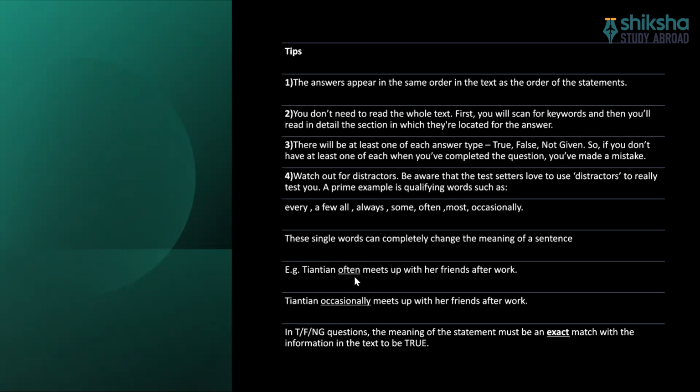Hence, if there are any words like every, few, all, and so on, be doubly sure before writing your answer. In true, false, and not given questions, the meaning of the statement must be an exact match with the information in the text to be true. So the meaning in the sentence should match the meaning in the question.